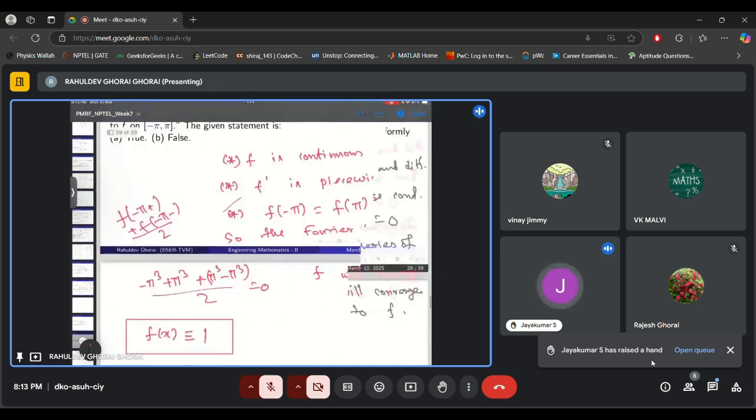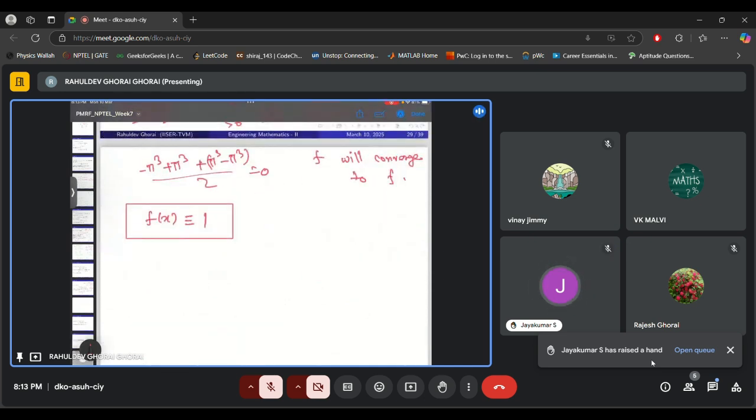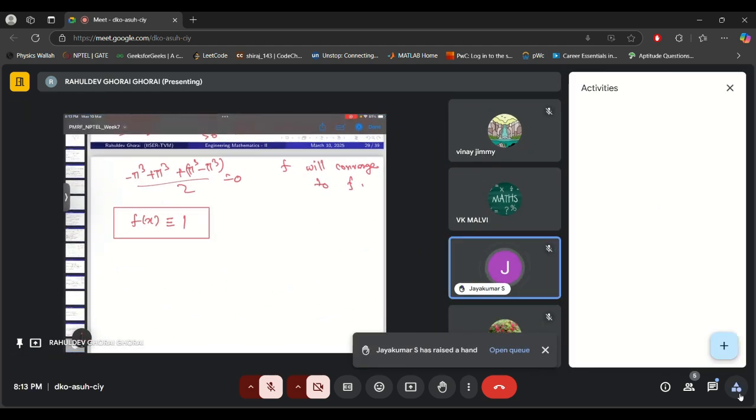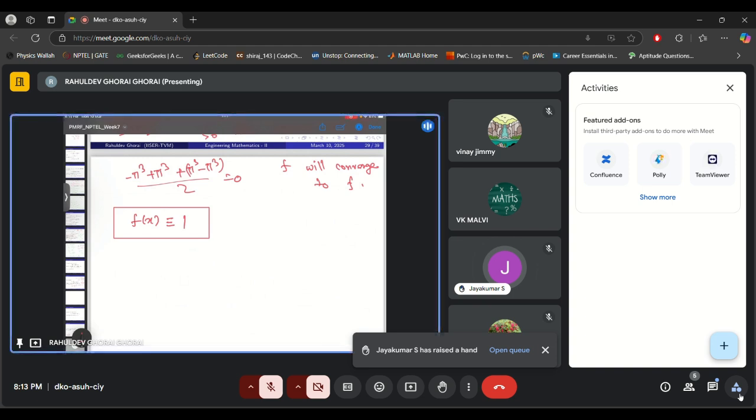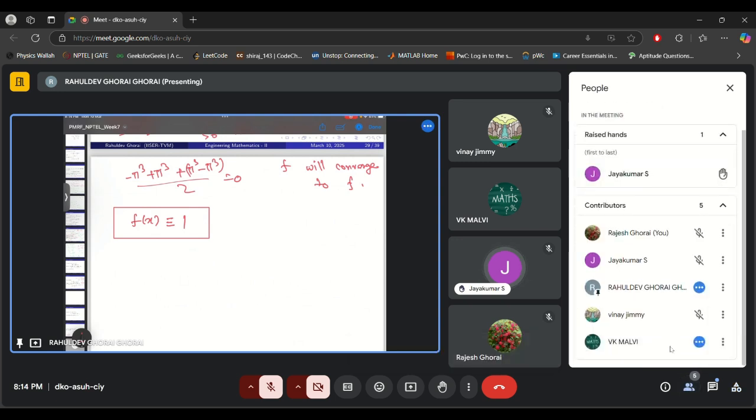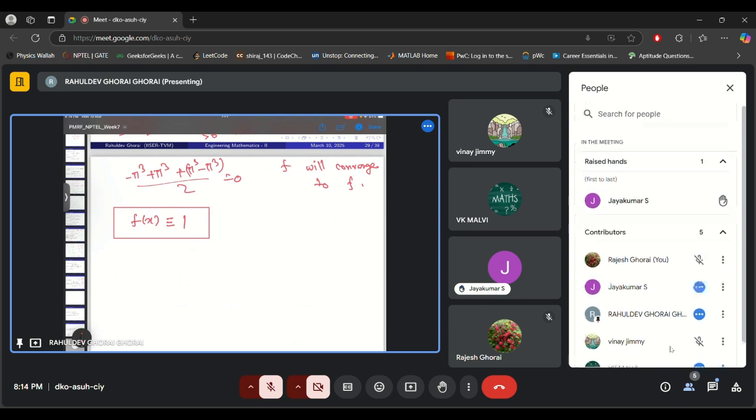Okay, let's say f of x equal to 1. What will be the Fourier series for this f of x equal to 1? Can anyone tell me quickly? It is 1 for all x. Okay, what is the Fourier series for this?